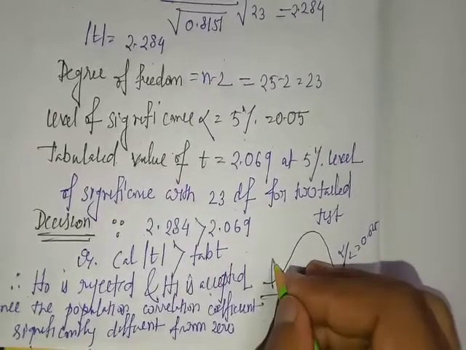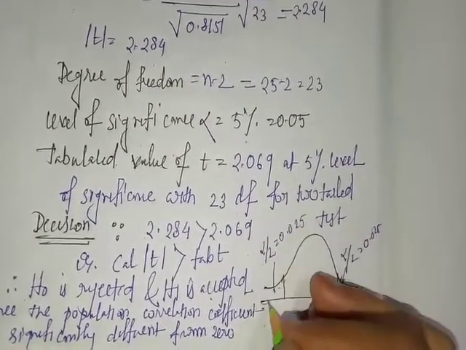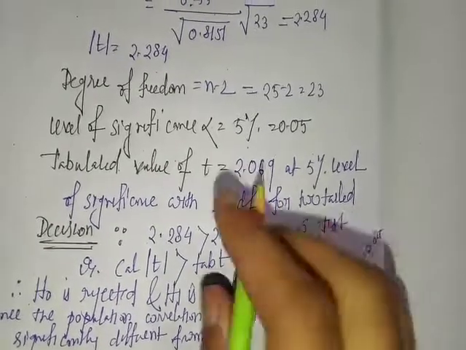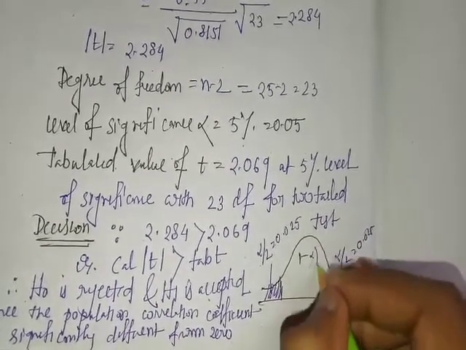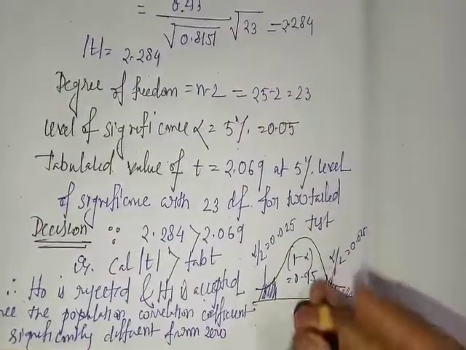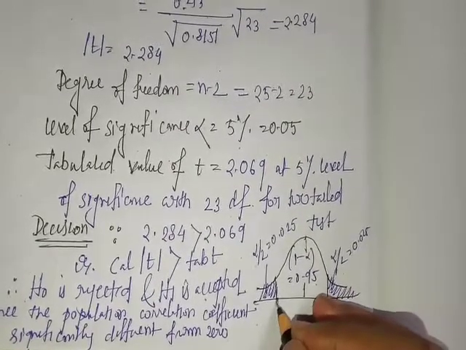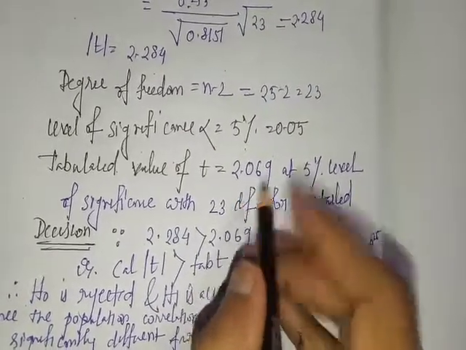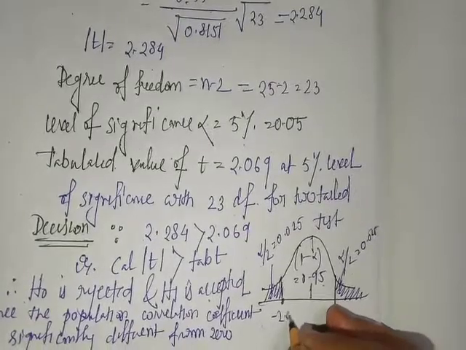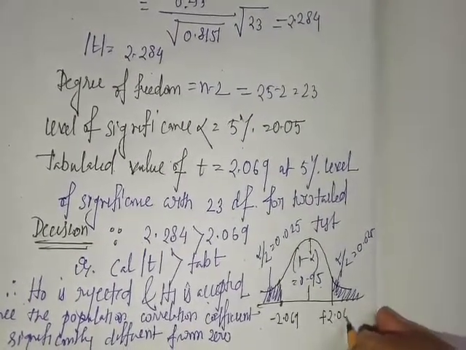The area in the remaining portion is 1 minus alpha, that is 0.95, and the critical values are minus 2.069 and plus 2.069.